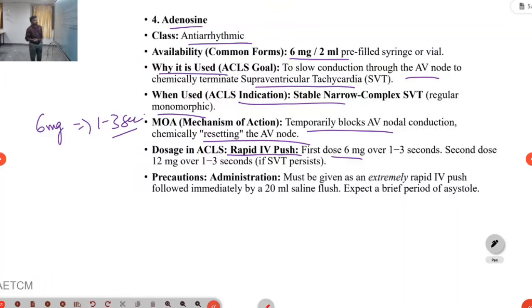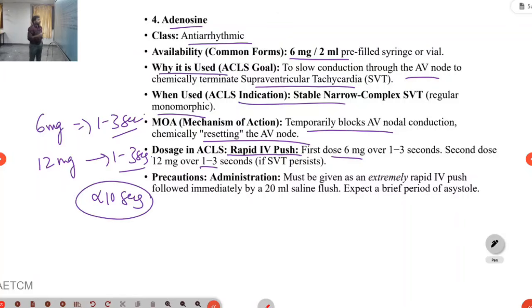The next dose is 12 mg over 1 to 3 seconds. So the dosage is 6 mg followed by 12 mg. We need to deliver it over 1 to 3 seconds because the half-life of adenosine is very short. Some books, and the AHA also, say it should be less than 10 seconds.